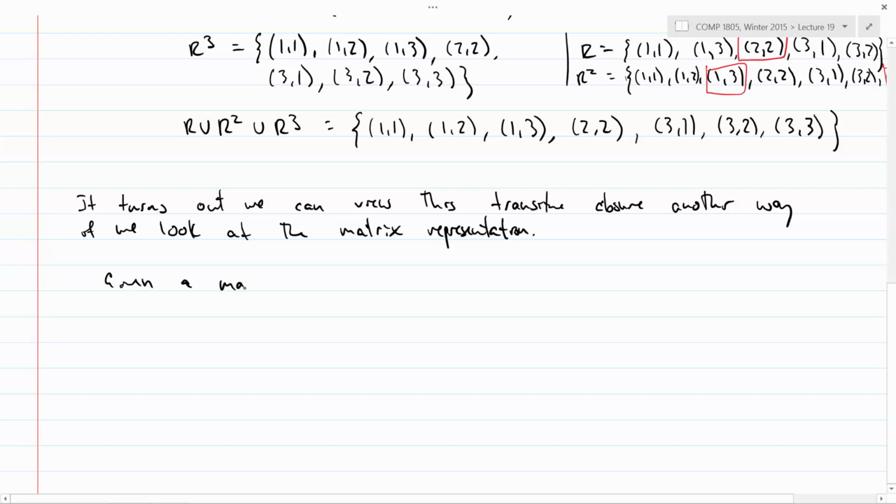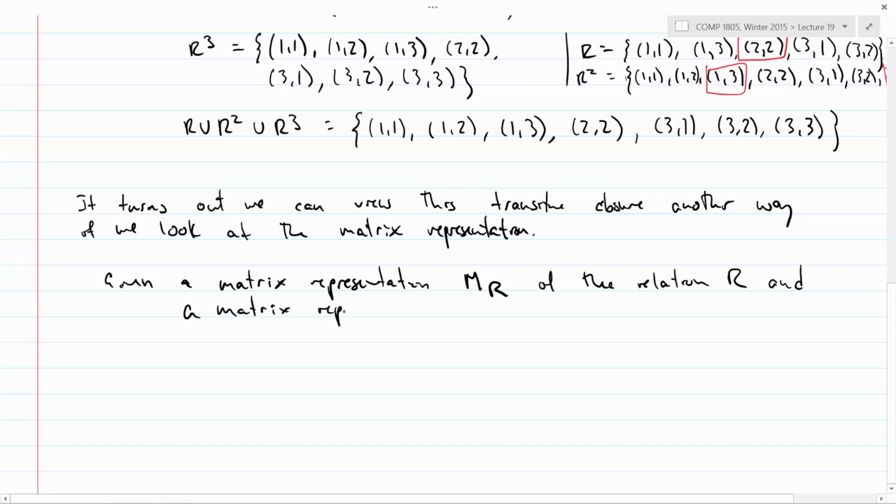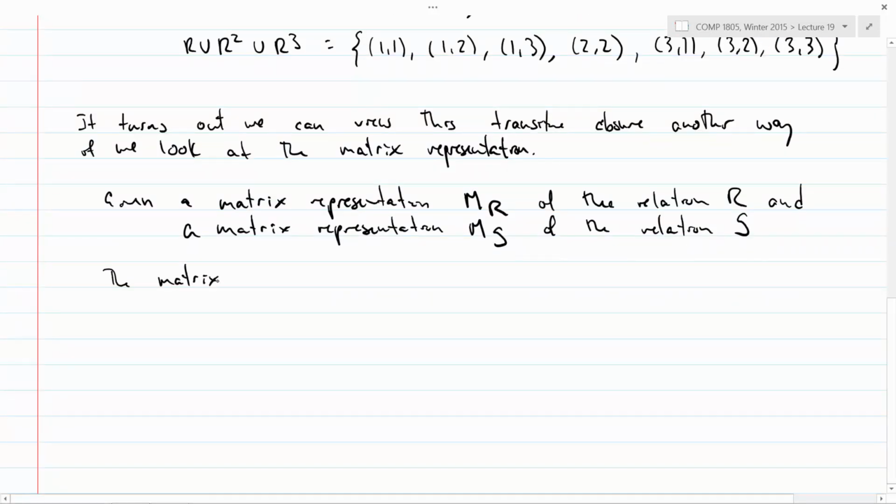So given a matrix representation, I'm going to call it M sub R of the relation R, and a matrix representation M sub S of the relation S. The matrix representation of the composition of those two, so S follows R, is the matrix representation of R joined with the matrix representation of S. Okay?